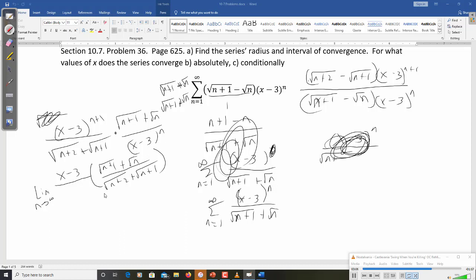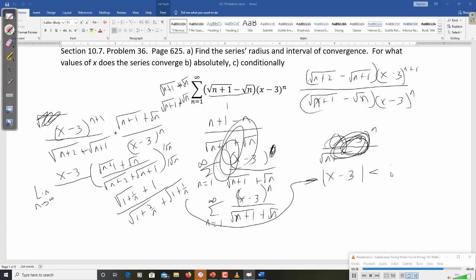Because you divide top and bottom by square root of n, you would get square root of 1 plus 1 over n plus square root of 1, over square root of 1 plus 2 over n plus square root of 1 plus 1 over n. And that's going to 1 plus 1 over 1 plus 1. Yeah, it's just going to 1. So all of this, it's just going to x minus 3 in absolute value. That has to be less than 1.